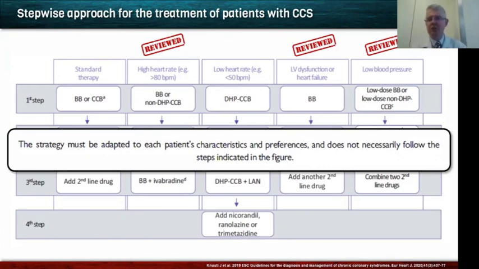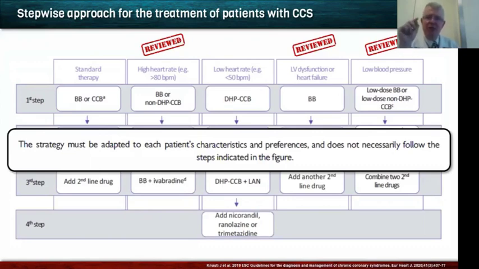This is very important, because sometimes you are in a hurry, you are talking to your patient, to a physician, to a resident, and you just look at the figure and see how they are recommending to treat your patient. But they say in the text, you know what, look into your patient.